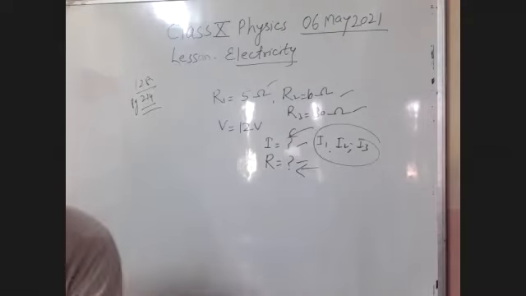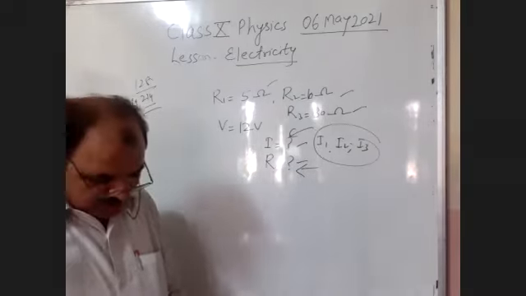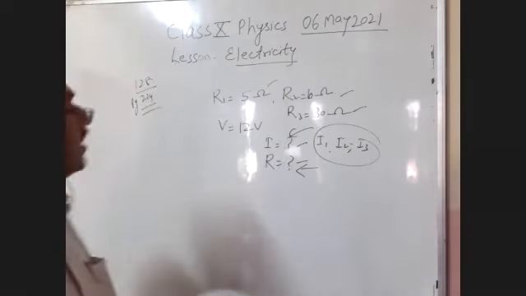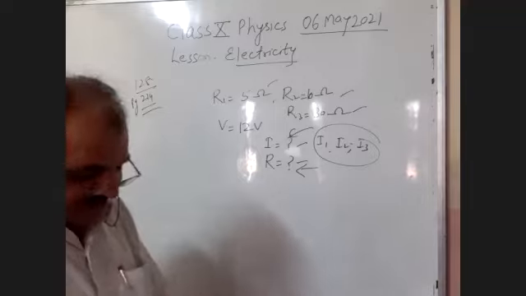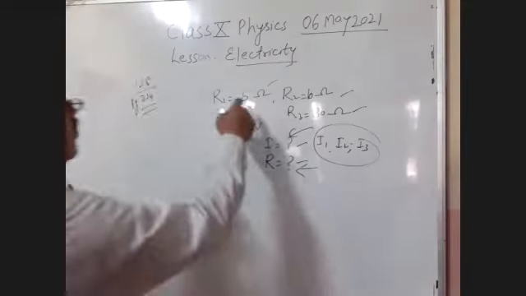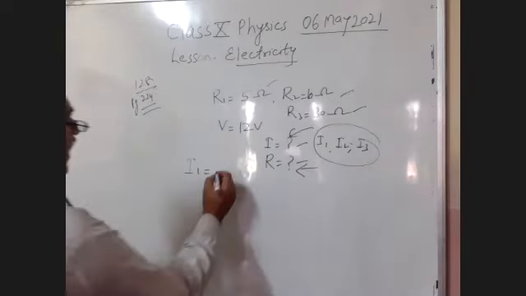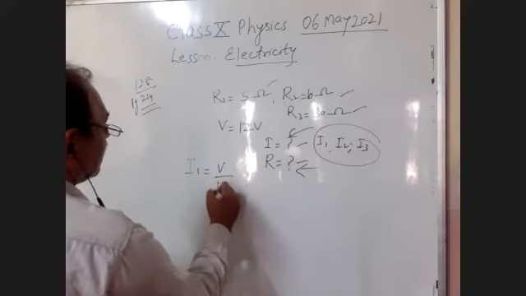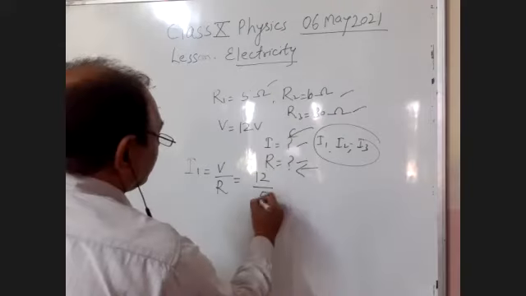Now, students, the potential difference is given as 12 volt. First we'll calculate the current I1 through the 5 ohm. So I1 is equal to V by R. V is 12 and R is 5.